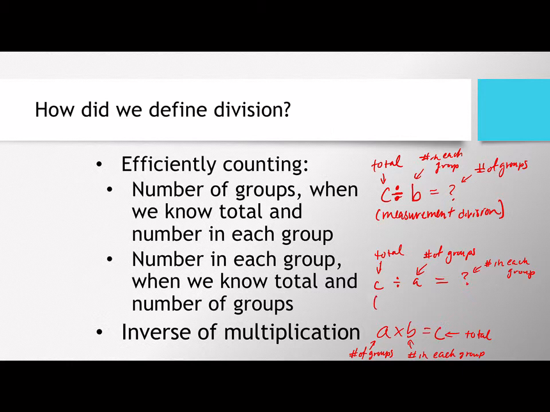This one's called partitive division when we know the number of groups. We're just dealing out everything to each group. So that's a reminder of what division is.